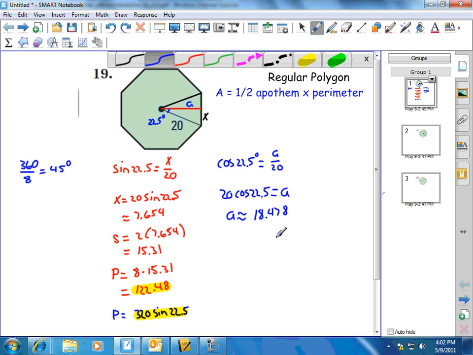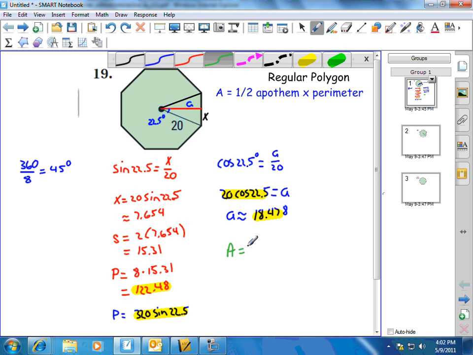That's my apothem, but again, you could use this, and I'm going to use 20 cosine 22.5 for my area. So I'm ready now to get the area of the regular octagon.